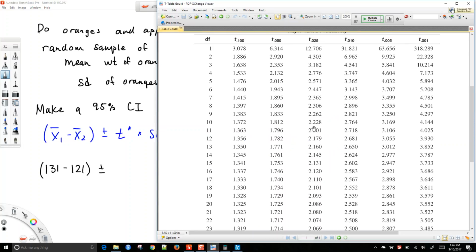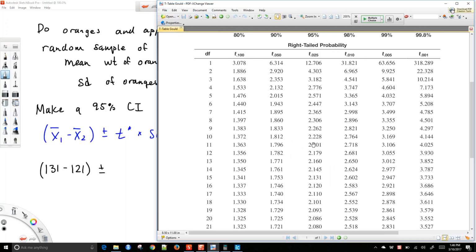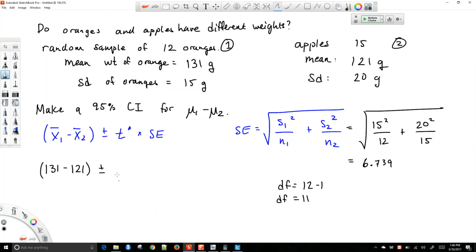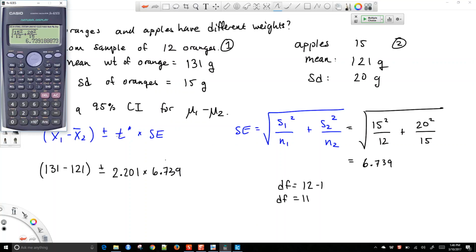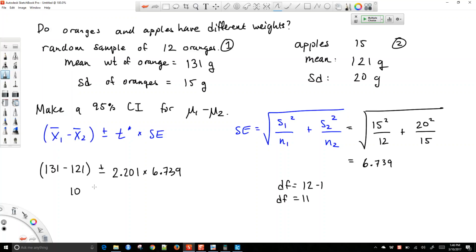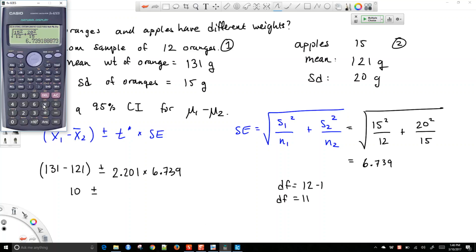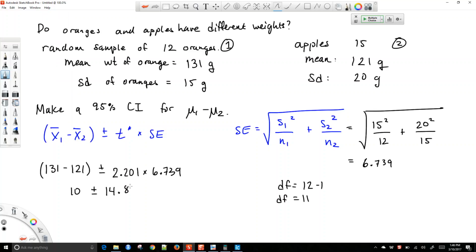With 11 degrees of freedom and 95% confidence, it's 2.201. So 131 minus 121 is 10, plus or minus 2.201 times 6.739, which is 14.83. My 95% confidence interval goes from negative 4.83 to 24.83 grams.